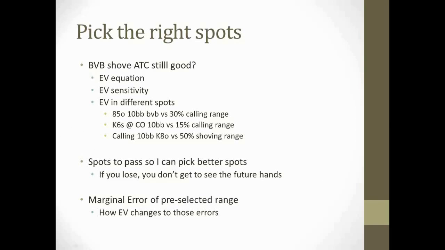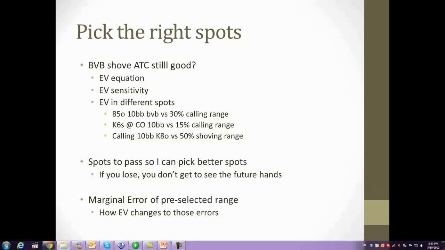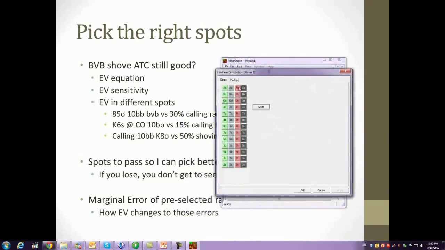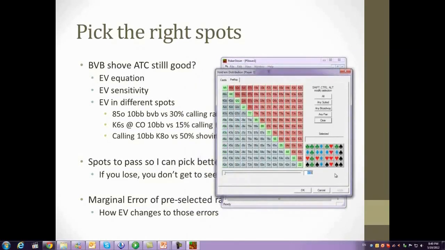For example, let's pull out poker stuff. If we know we are shoving into a 30% call, blind versus blind, this is the range poker stuff gives for 30%. But in reality, now people are calling this type of 30%. They are probably calling something like this.